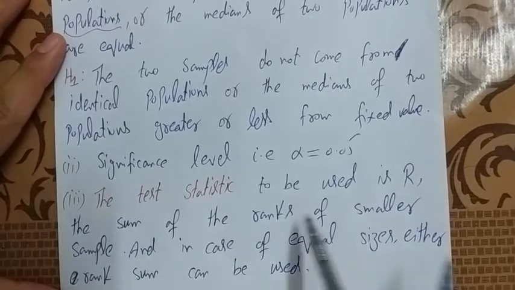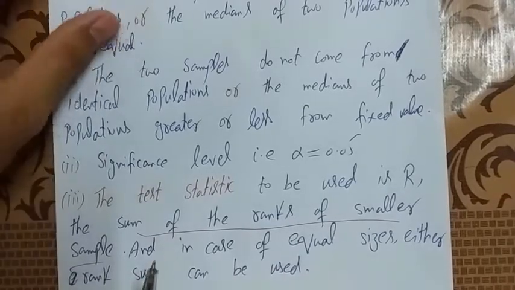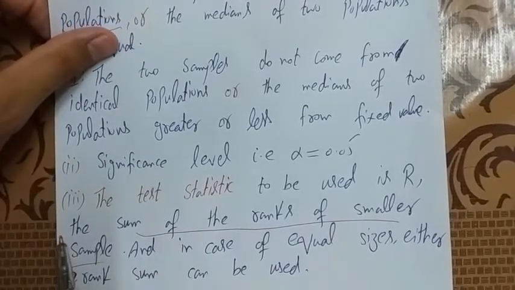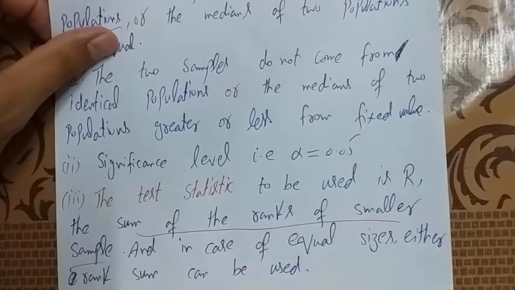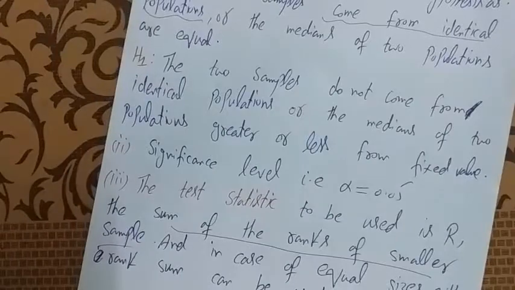Students, I explained this in the previous lecture: the sum of the ranks of the smaller sample. In the test statistic, we use the sum of the ranks of the smaller sample, and in case of equal sizes either rank sum can be used.